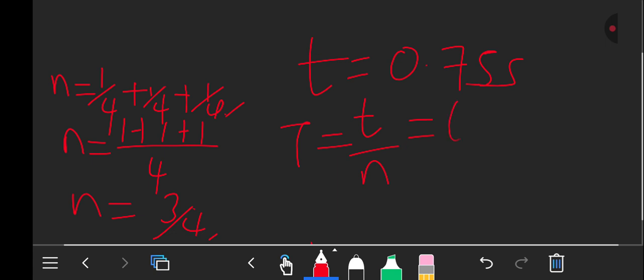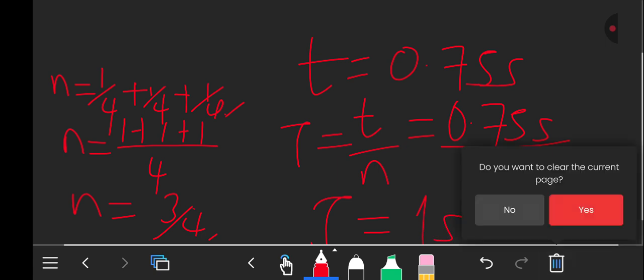So the time is 0.75 second over the number of oscillations, which is 3 over 4. So what is the period? If we divide 0.75 by 3 over 4, it should give 1. So the period is 1 second.